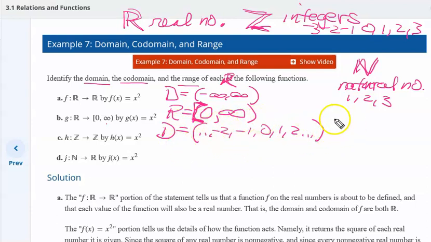But the range now of this is only going to be positive integers, and actually I should have put this in braces, sorry about that, because this is set notation.